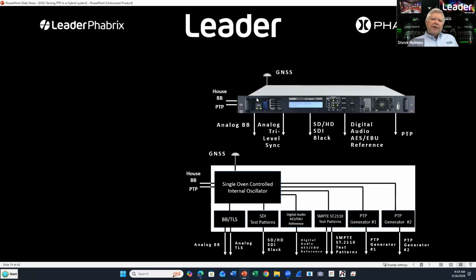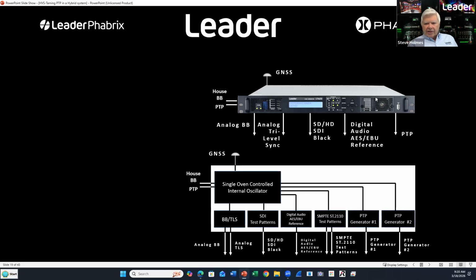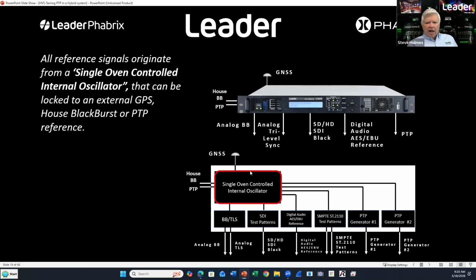The other unique thing is you want a system that is robust, that if a fault happens, everybody stays in sync. And the absolute best way to do that is having an SPG that has a single oven controlled crystal, and the GPS locks that oscillator.